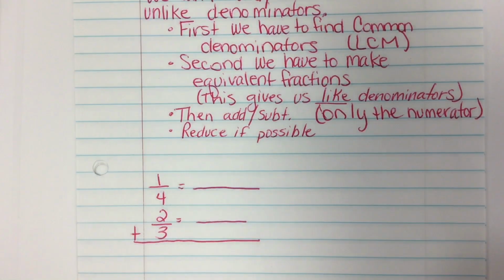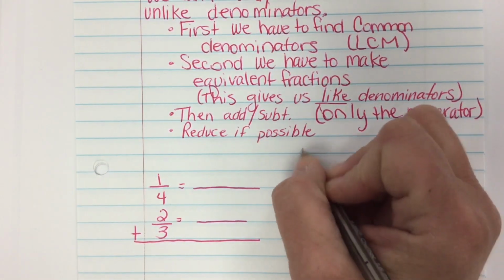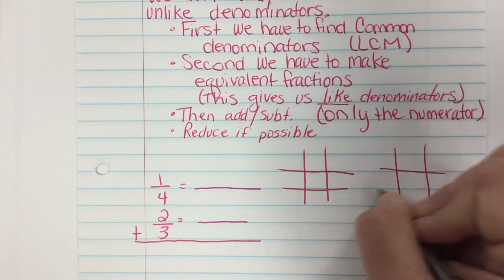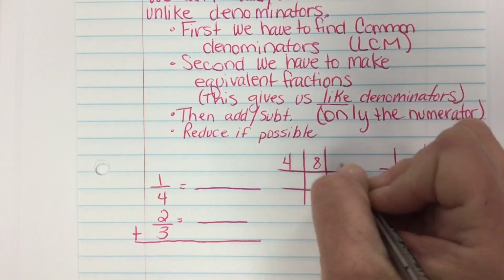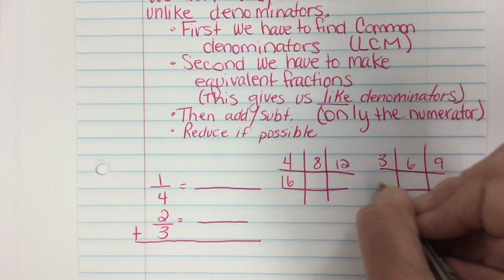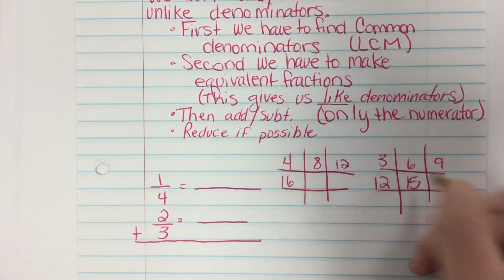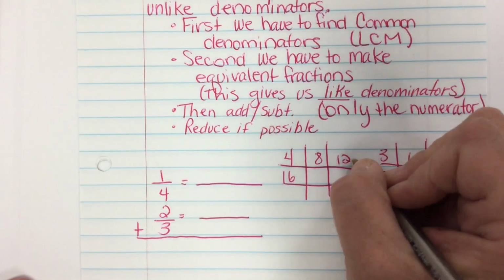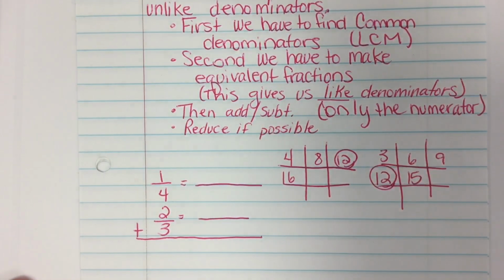Basically, we're going to skip count by 4 and 3, so you can do a tic-tac-toe board. 4, 8, 12, 16. 3, 6, 9, 12, 15. The first number that they both have in common is 12.